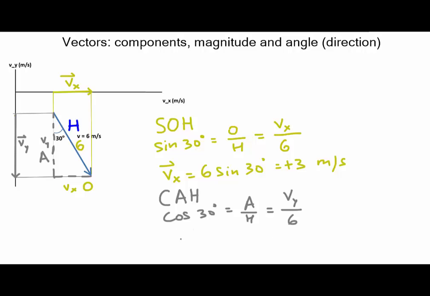And when I multiply both sides by 6, I get Vy equals 6 times cosine of 30 degrees, which in your calculator will be 5.2 meters per second. And now I know that the direction points downward, which is negative along the y-axis. So in order to complete the vector answer here, Vy vector will be a negative 5.2 meters per second. So those are my answers for the components of these vectors.